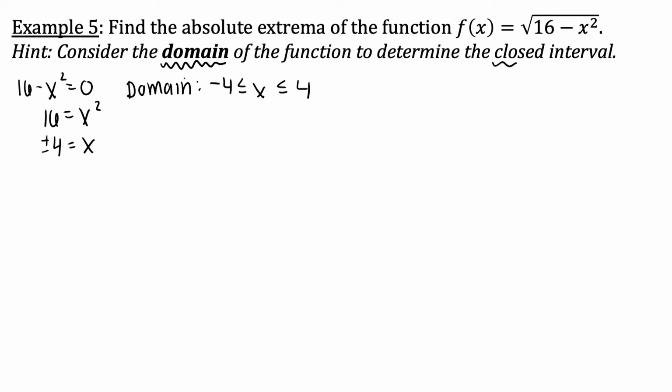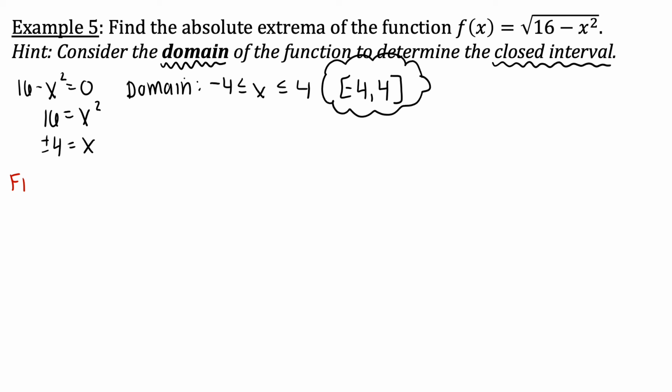So we can think about the closed interval because this function only exists between -4 and +4. Once we've determined our closed interval, we can do this the way that we did the first 4 examples.